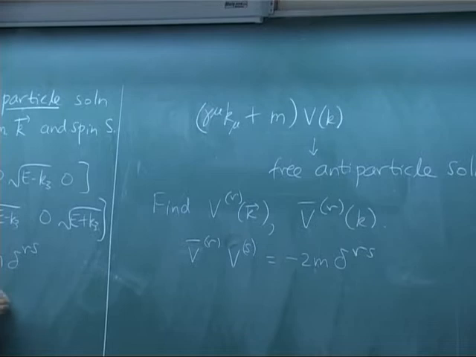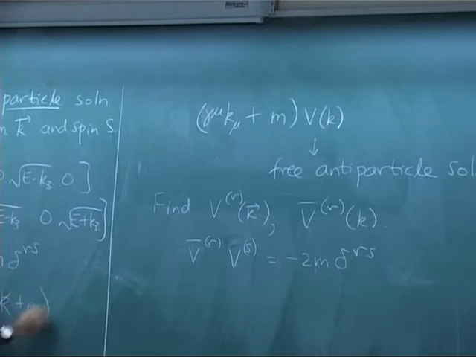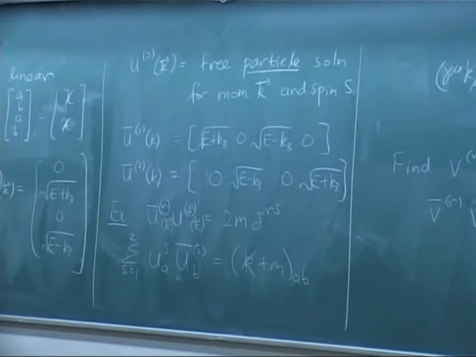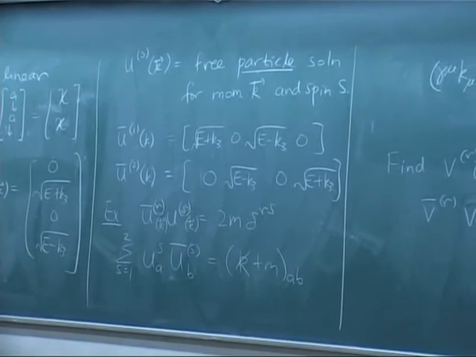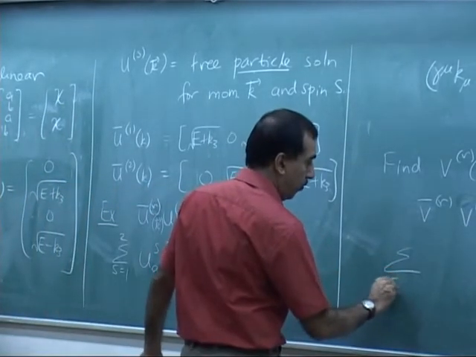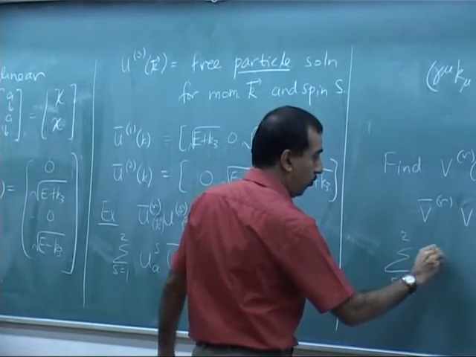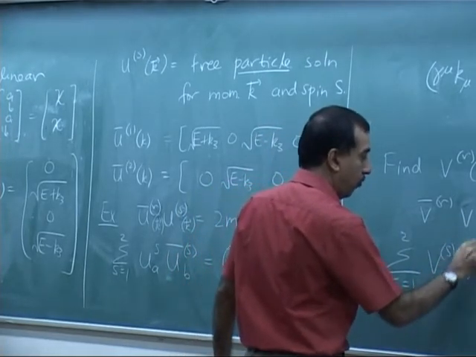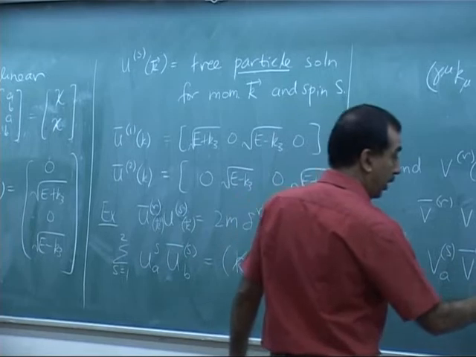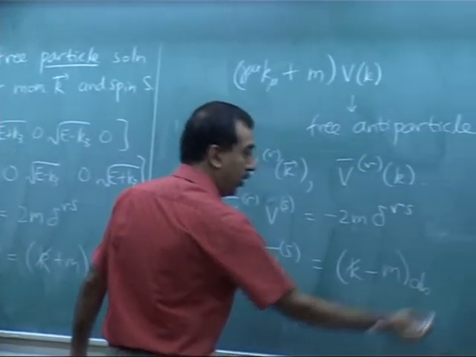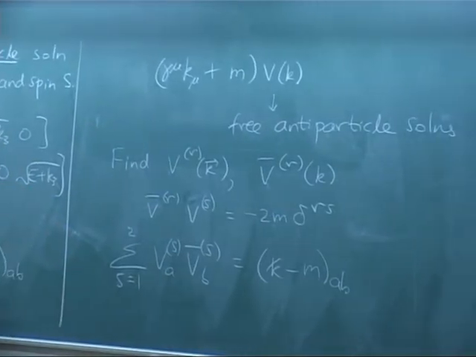I get k slash plus m, ab. And if I do the same for the V's, I get k slash minus m. Again, these occur in Feynman diagram calculations.